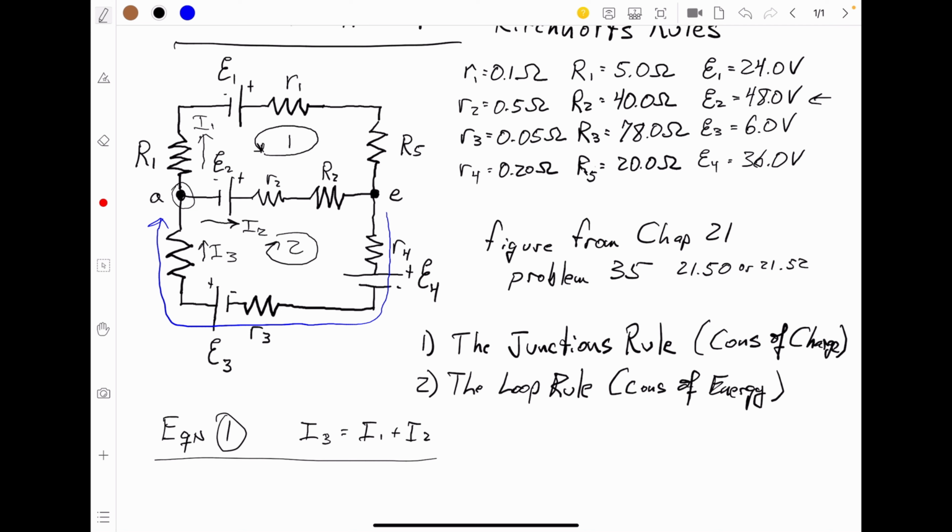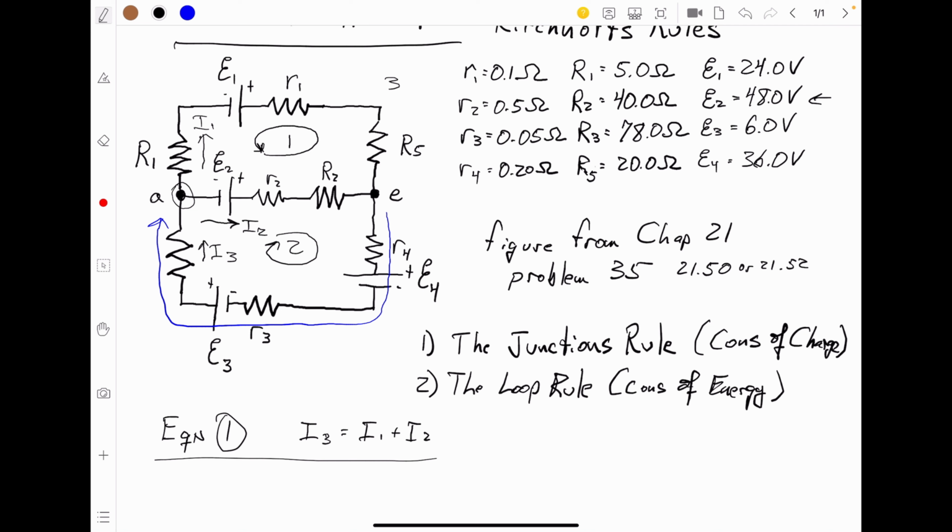There's one other loop, and you can always do this one if you want to, and that's loop 3, and you could do it however you want. So you could start at, what's the biggest outside EMF? E1, E3, or E4?